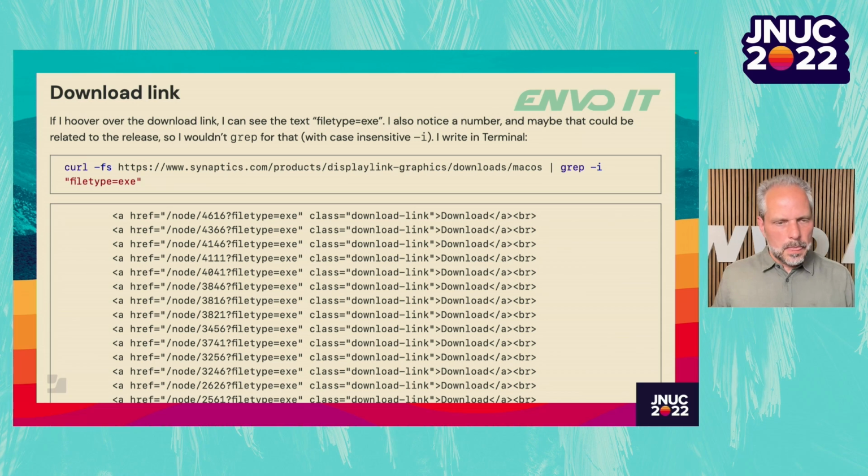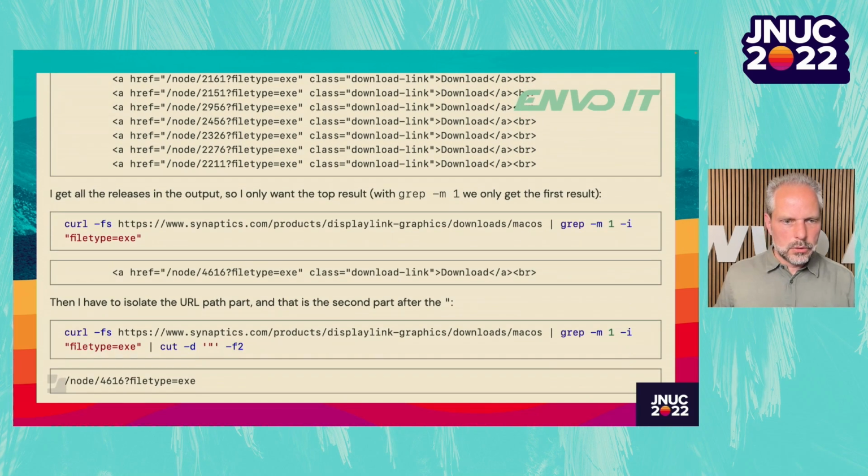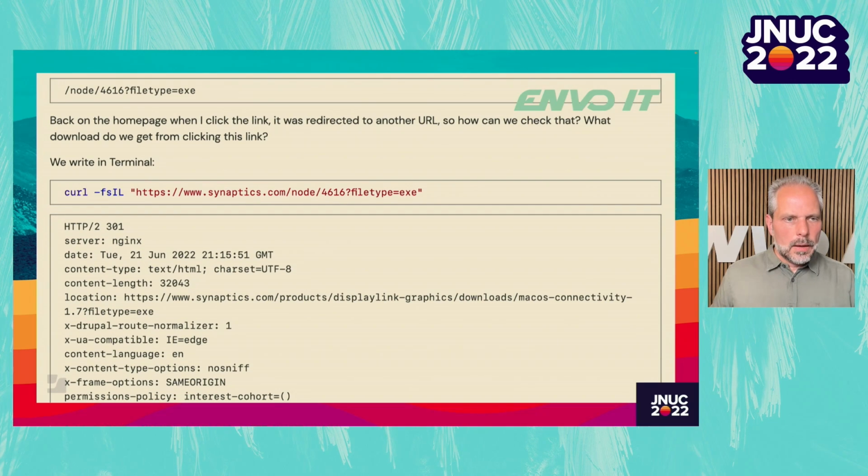For this particular situation, we need the top result. So if I need grep to return the first result, I can add -m and 1. I also have the -i on the file type, because I need it to be case insensitive. So when I add that, I get the first version of it.